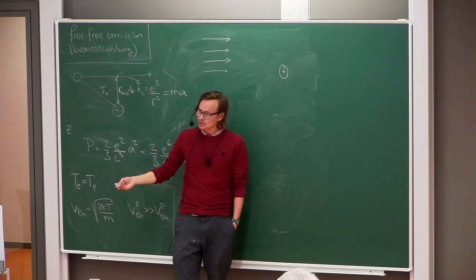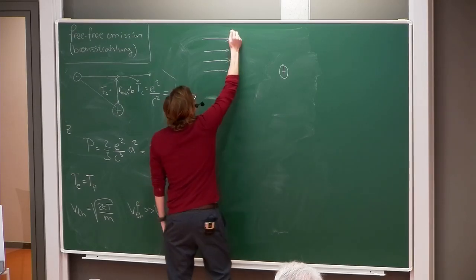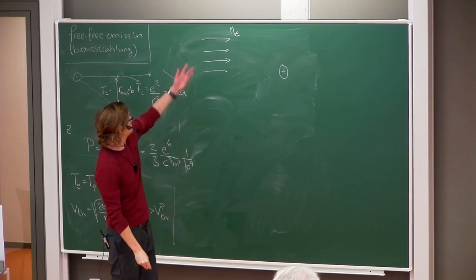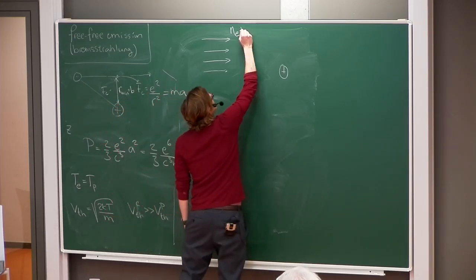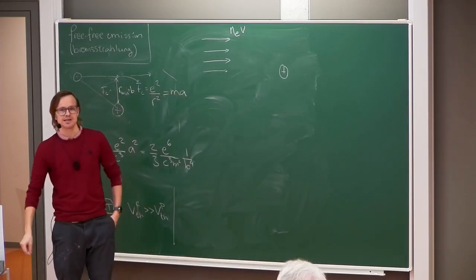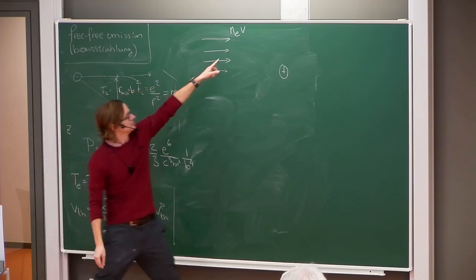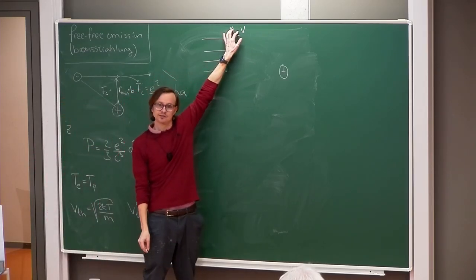Now, we know what we mean by a flux in this case, so we can take the number density of the electrons times some characteristic speed, which for now will be constant. Then we get the number flux of the electrons.